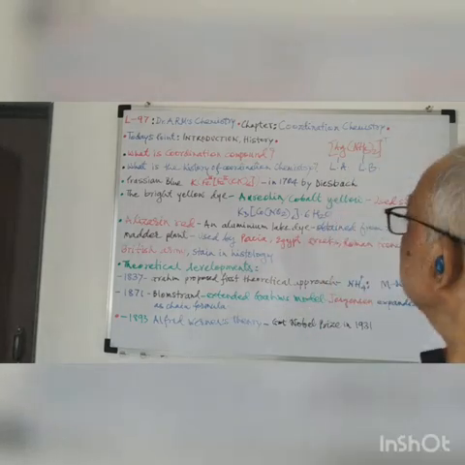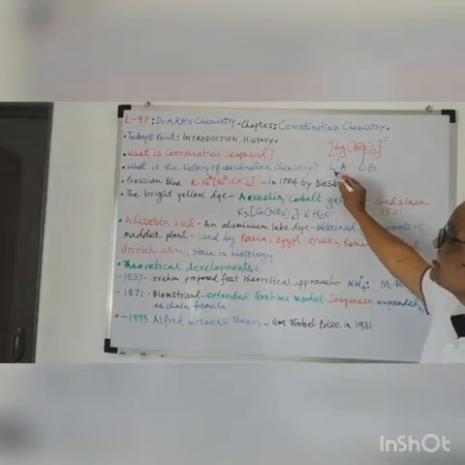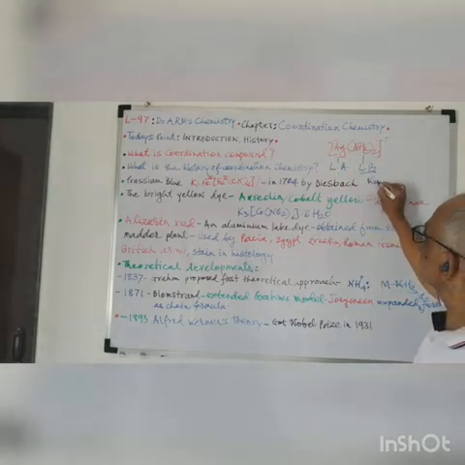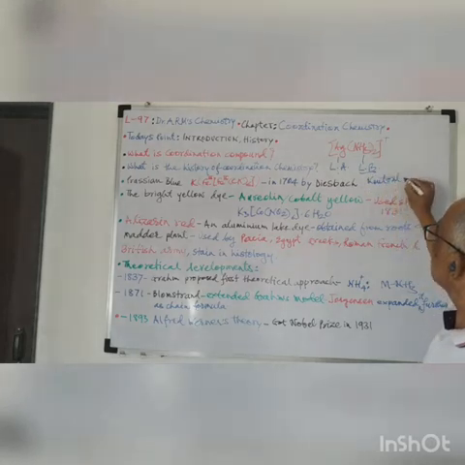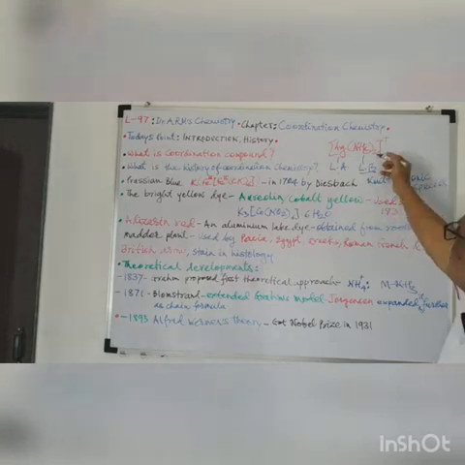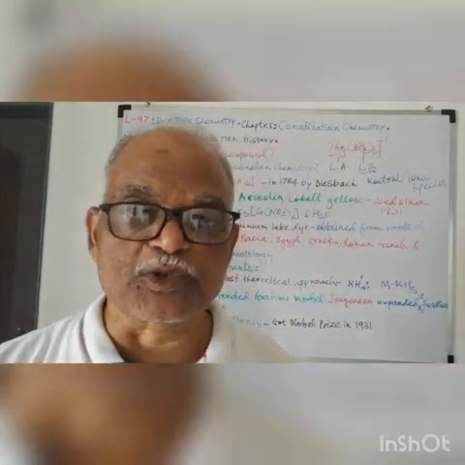You will find that Lewis acids are metal ions and Lewis bases are either neutral or ionic species. Here we have the example of ammonia, which is a neutral species.